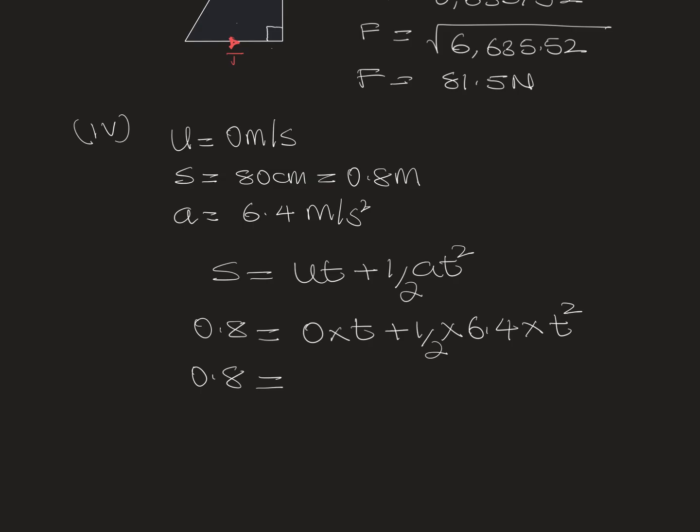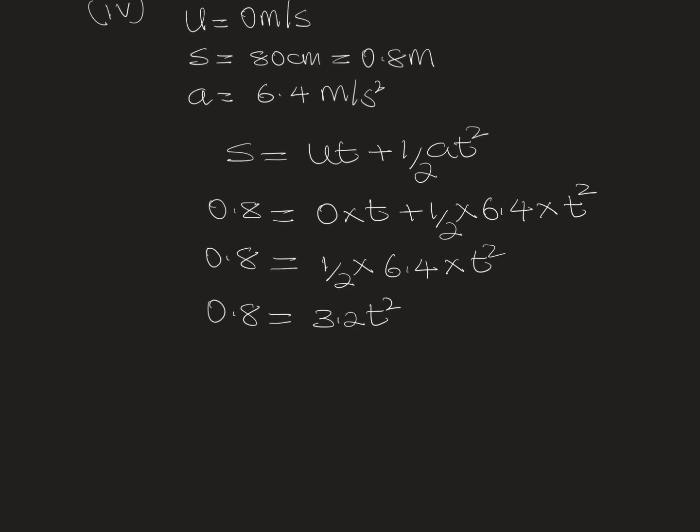0.8 is equal to 0 times t, which is 0, so I'll just move on to say half times 6.4 times t squared. 0.8 is equal to half of 6.4, which is 3.2, multiplied by t squared. So I can divide both sides by 3.2 to have t squared. 0.8 divided by 3.2 is 0.25, which is equal to t squared.